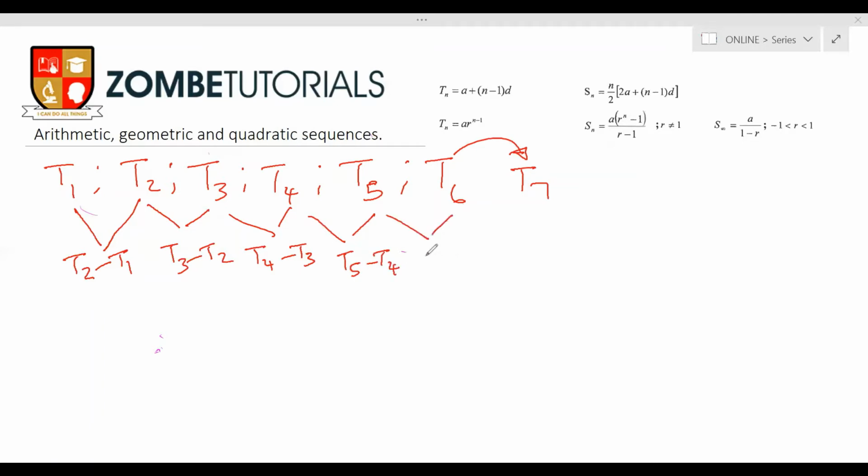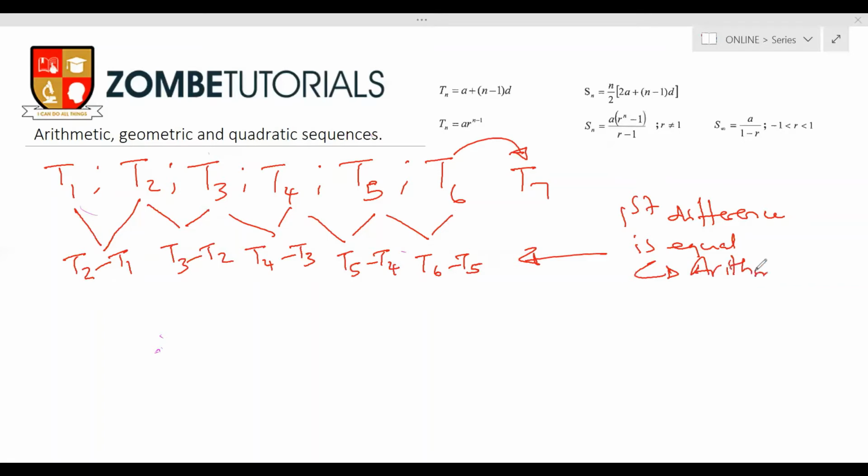So in an arithmetic progression, the first difference is equal. This means here we're now talking of an arithmetic progression or an arithmetic sequence.